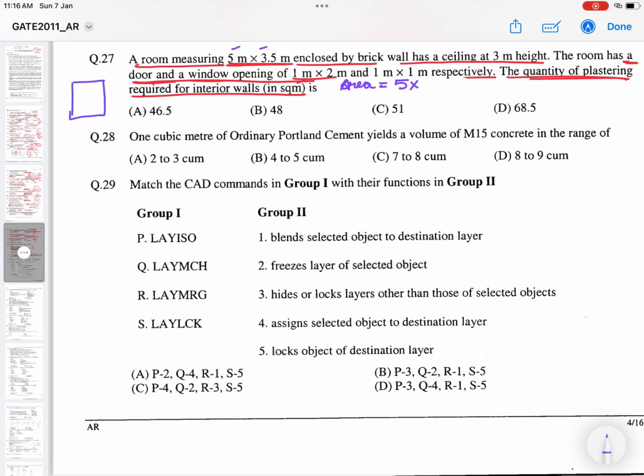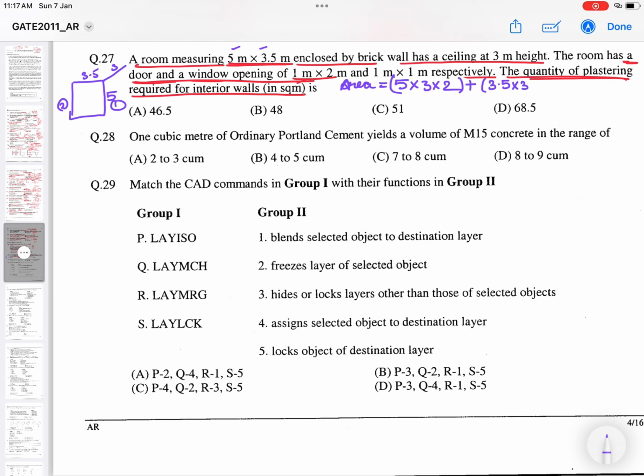So it's 5 into 3 into 2 because we have two sides of it. I don't need to explain this, it is very simple. Then 3.5 into 3 into 2.